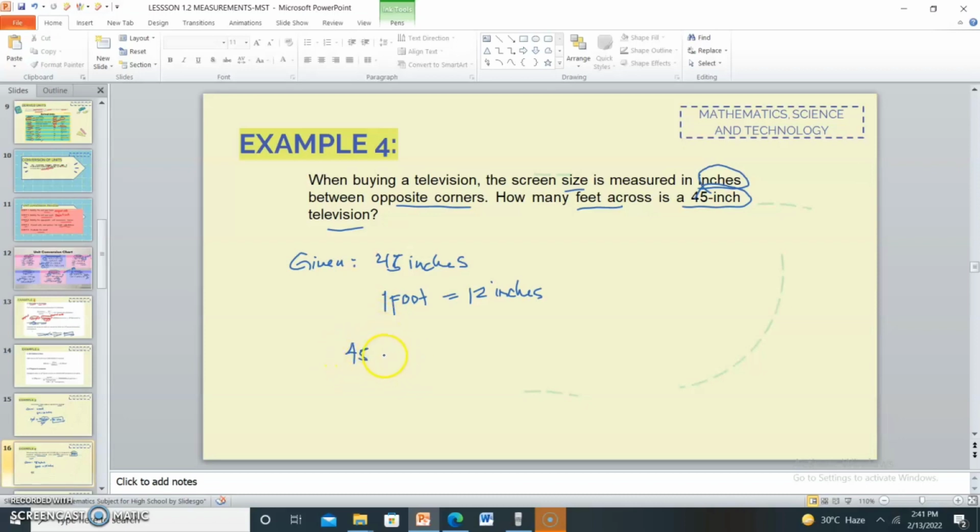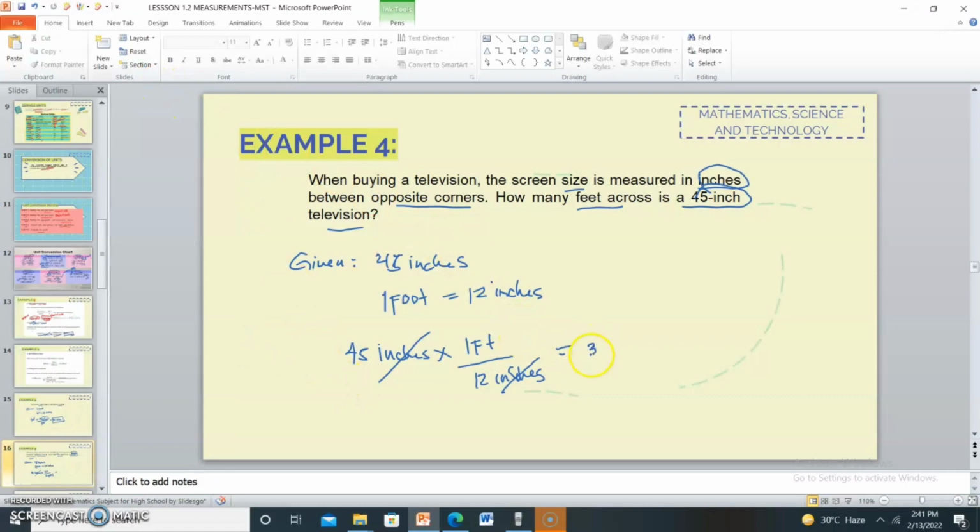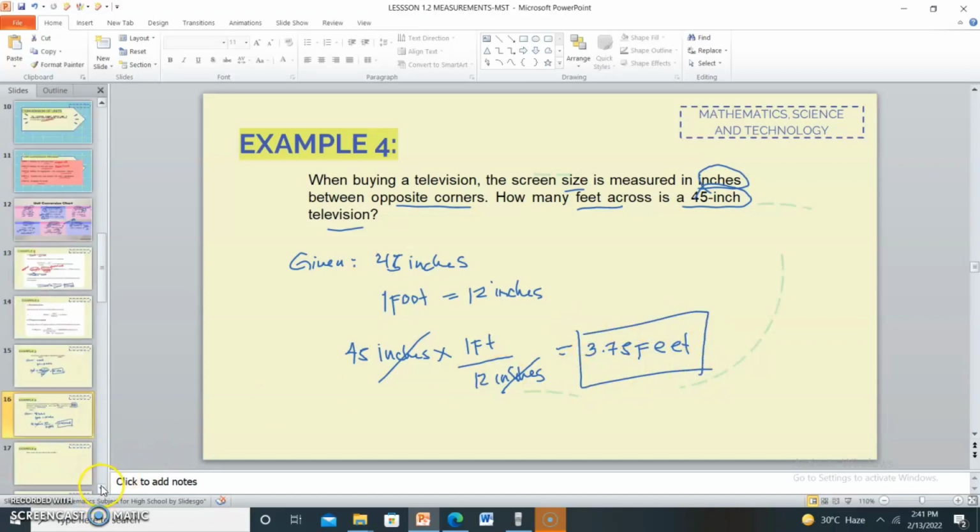Perform the conversion: 45 inches times 1 foot over 12 inches. Then cancel out the inches. It's equivalent to 45 times 1 over 12. That is 3.75. So that's the answer.